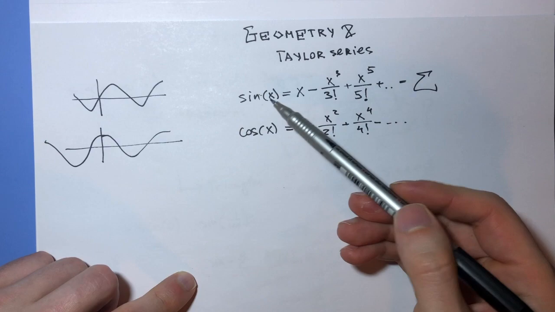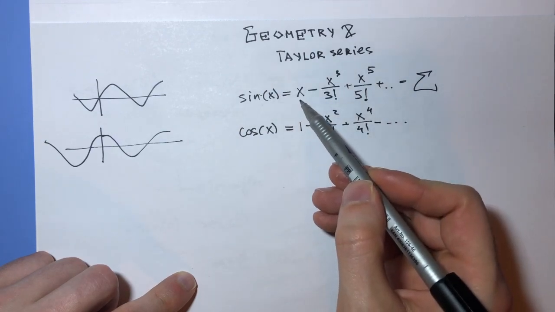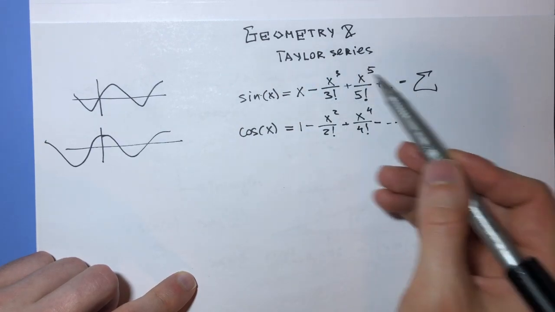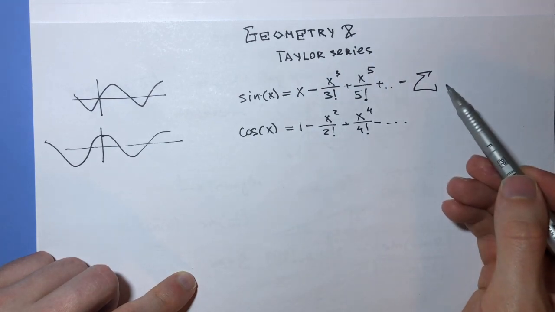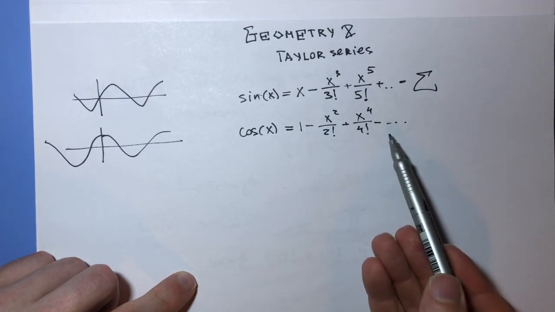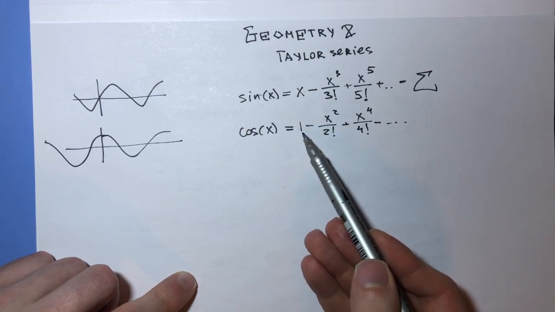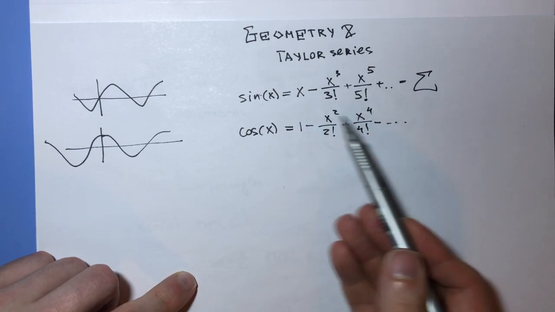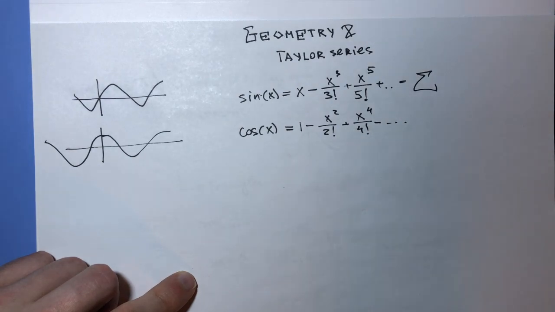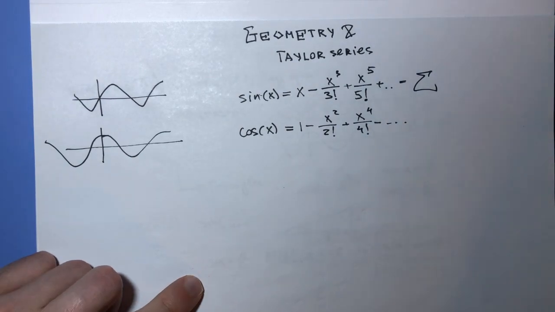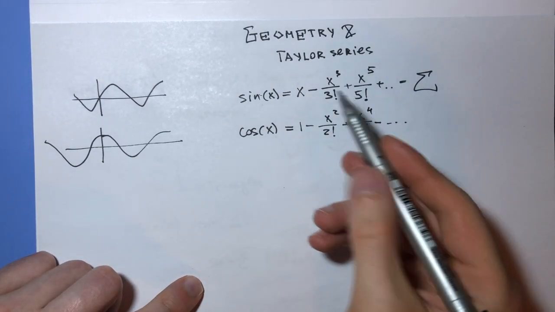So since sine of 0 is 0, we see that on the right hand side here it does evaluate to 0, whilst here subbing in x equals 0 will give us 1. So this is not a correct formula. But here is what's interesting.